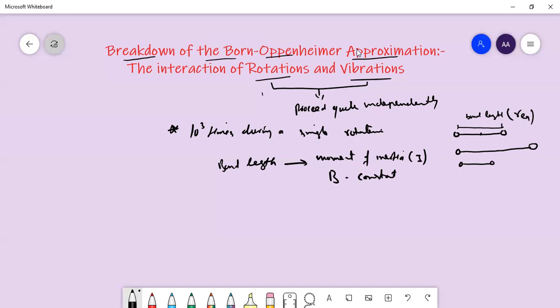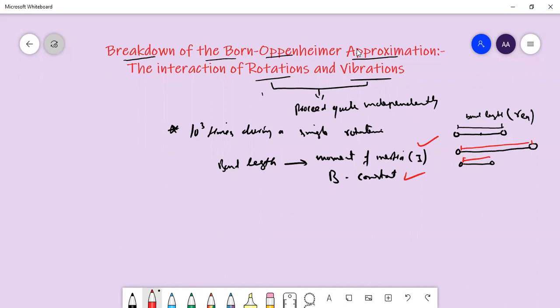These two factors depend on the bond length of the molecule. When the bond length changes, these two factors will also change. That means the moment of inertia will change, and the rotational constant B will change.